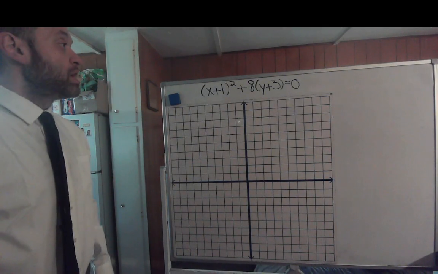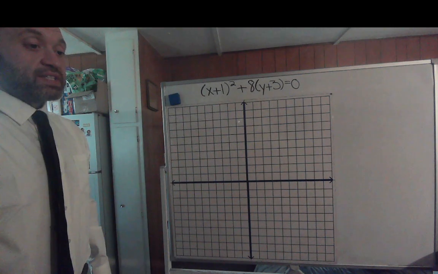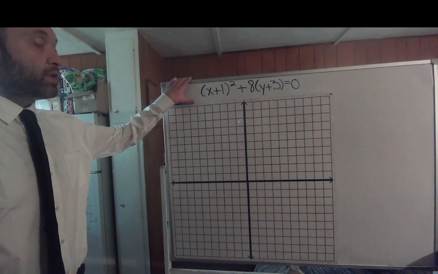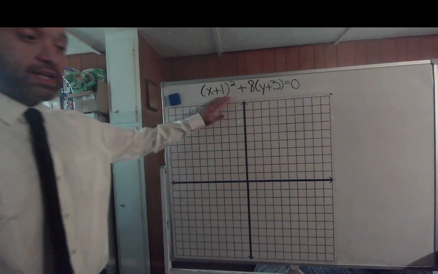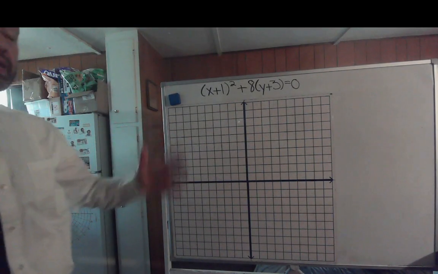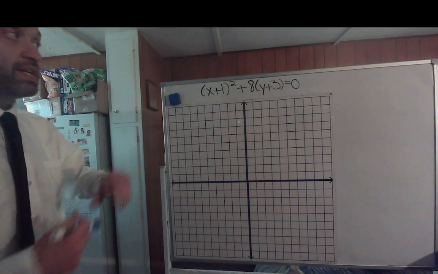Well, this isn't quite in standard form because remember, the quadratic term has to be by itself on one side, the linear term needs to be by itself on the other side. So let's isolate them.